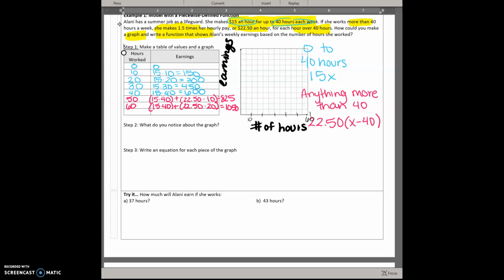So we have 1, 2, 3, 4, 5, 6, 7, 8, 9, 10, 11, 12 lines, and we need to go to 1,050. So I'm going to go ahead and say each line is 90, so this would be 180, and then just count up each time.